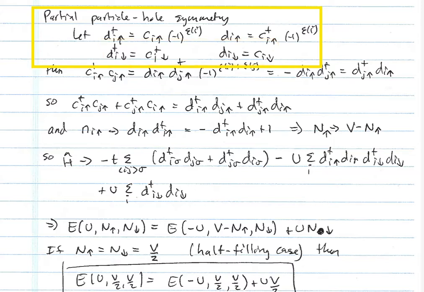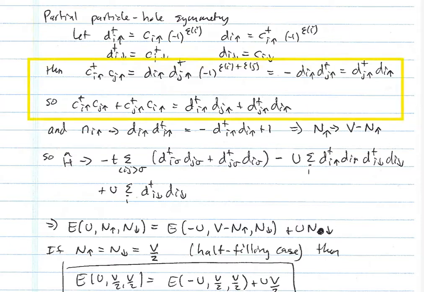Because these objects obey anti-commutation relations, this does not change the anti-commutation relations of the c and c daggers with each other. Okay, so what we find now is that if I look at c dagger i up c j up plus c dagger j up c i up, that becomes d dagger i up d j up plus d dagger j up d i up. How does that occur?